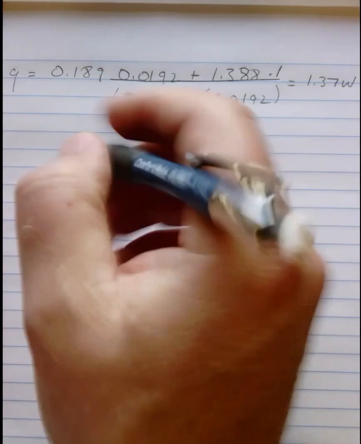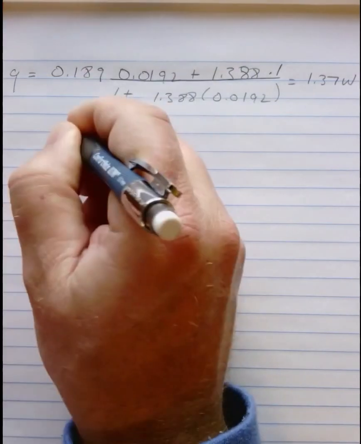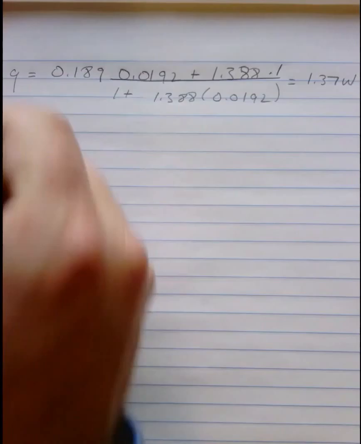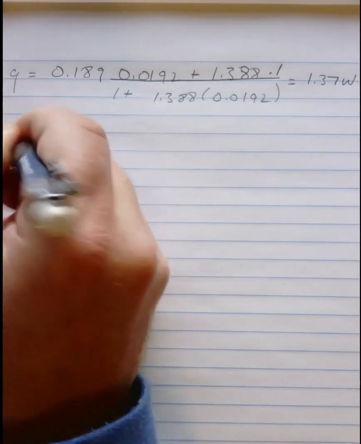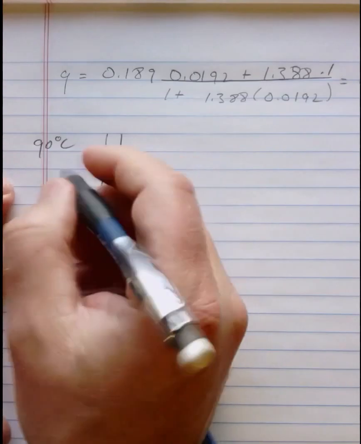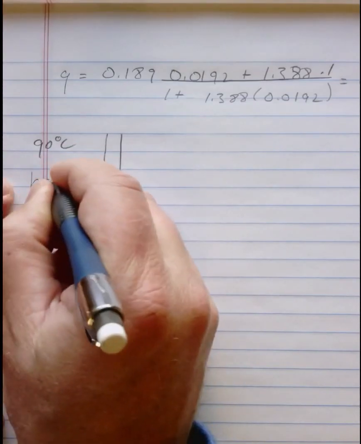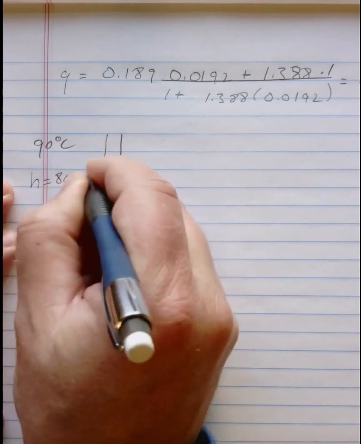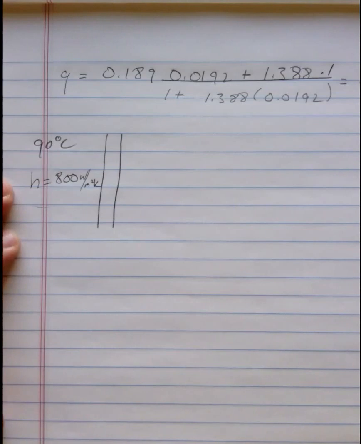So here is my cup. It's a piece of ceramic. It's got cocoa inside, and that is 90 degrees C, and h is equal to 800. So this is a liquid h on the inside.